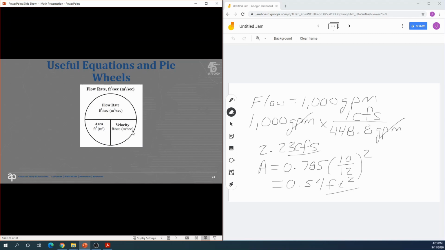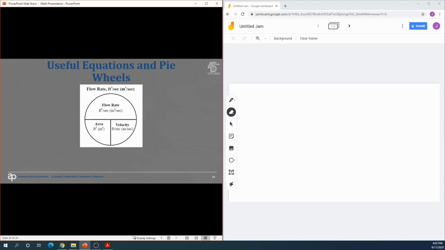So our flow rate was 2.23 cubic feet per second.